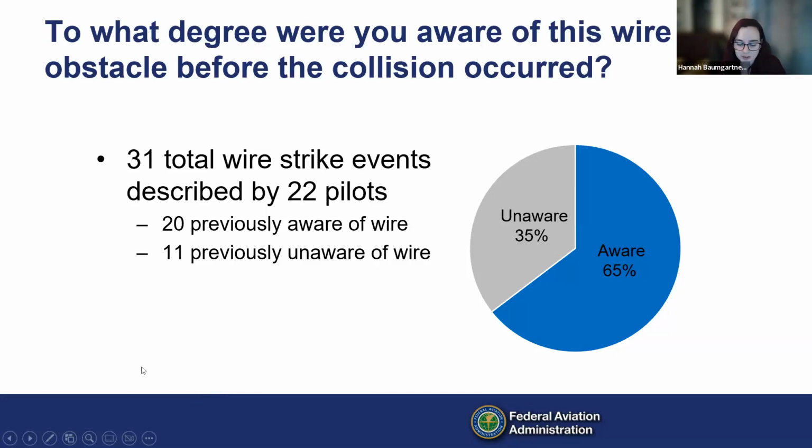So there were some individuals with a number of these events. Overall, out of these events, 20 reported being aware of the wire and 11 reported being unaware of the wire. This, about 65%, is pretty in line with what others have looked at. As I mentioned, the IAAA has looked at this and they see pretty similar numbers, just over the majority of people being aware of these obstacles beforehand. We'll keep that in mind as we interpret these results.